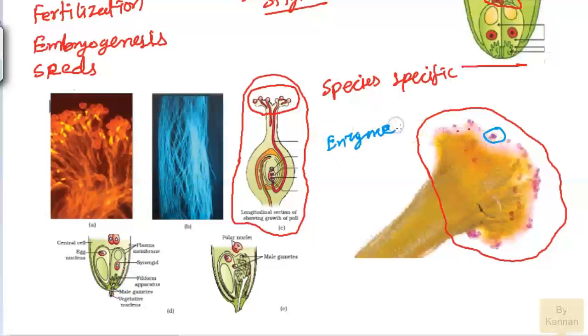These enzymes and surface proteins are species-specific elements. They not only reject other species, sometimes they also reject the same plant's pollen grains. If an organism has self-incompatibility, it rejects its own pollen grains from the same plant.